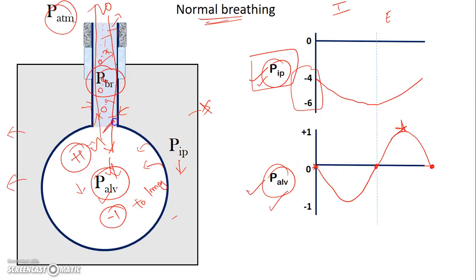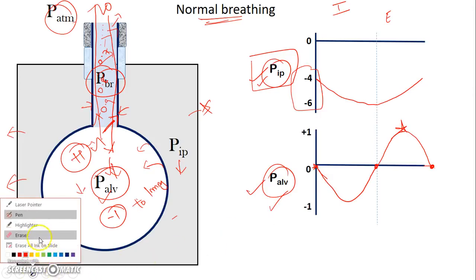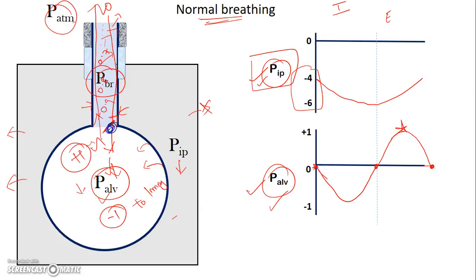For example, if we record closer to the alveoli, at this point slightly inside, it is going to follow close to the changes in the alveolar pressure. If you record much farther away from the alveolus, the pressure changes are going to become much smaller, like this. So it depends upon where we are recording and how much is the alveolar pressure, which will determine the airway pressure at any given point of time.